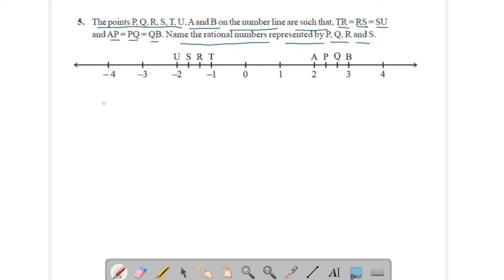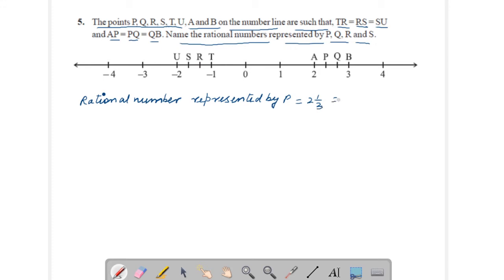Therefore, the rational number represented by P: up to A it is 2, and for P we are taking one part, it will be 1 upon 3, so it is 2 and 1 upon 3.